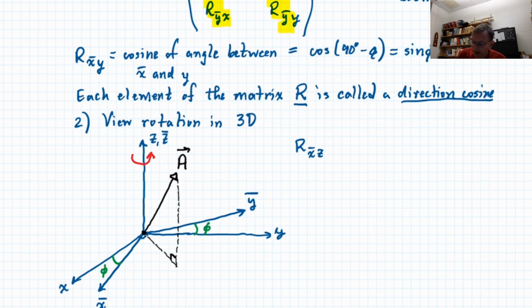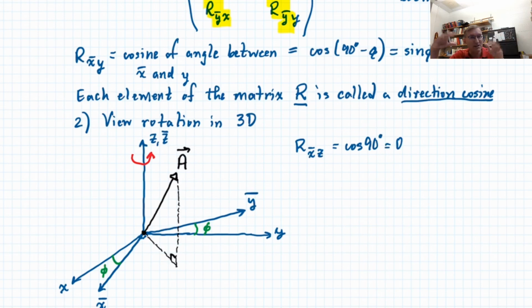That's the cosine of the angle between x bar and z. What is the angle between the x bar axis in this drawing and the z axis? Did you say 90 degrees, right? They're perpendicular to each other. But the cosine of 90 degrees is 0. Careful, not 1, 0. So that's one of the 9 direction cosines in my R matrix, and it's a 0.